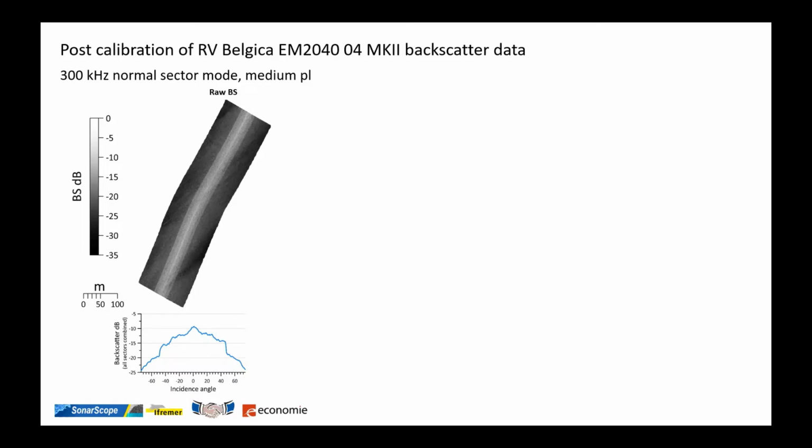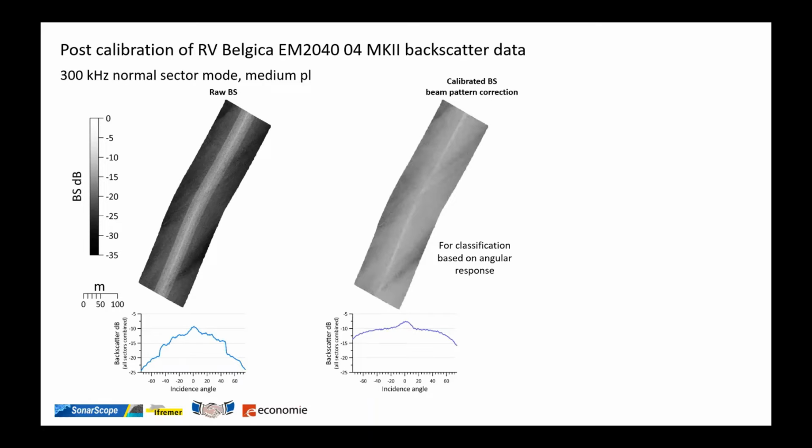And after applying the correction, what you get is calibrated backscatter data, backscatter values, with the beam pattern correction. And this is the data that can be used to classify the seabed because it keeps the angular responses. You don't remove the angular link.